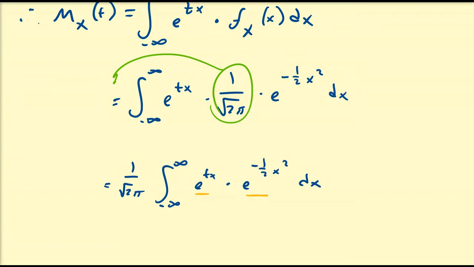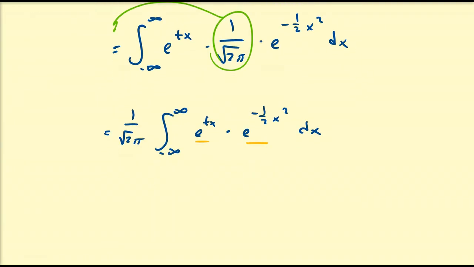These exponential terms have the same base, so I can combine the exponents into one. So I have 1 over the square root of 2 pi times the integral from minus infinity to infinity of e to the minus 1/2 x squared plus xt dx.